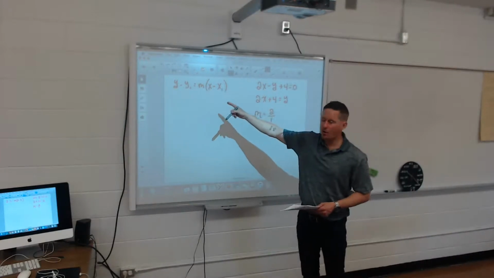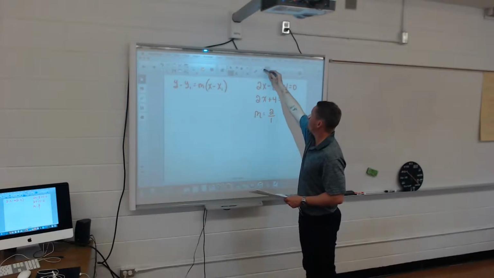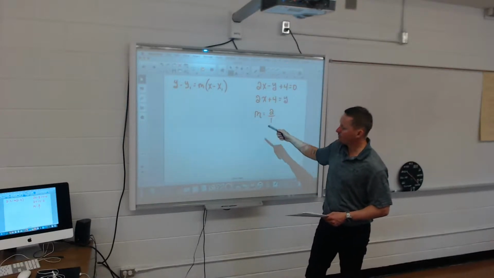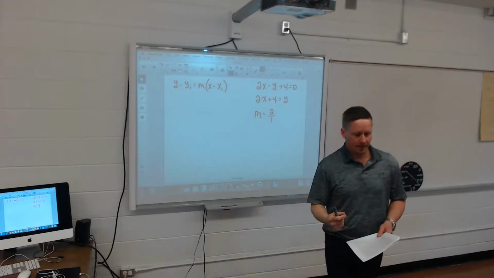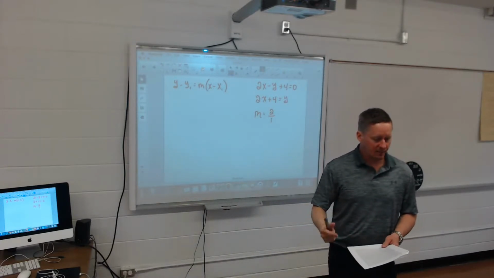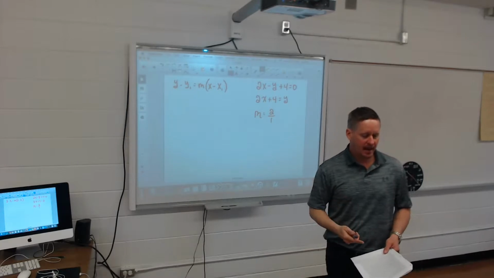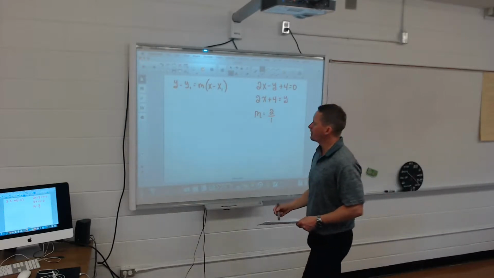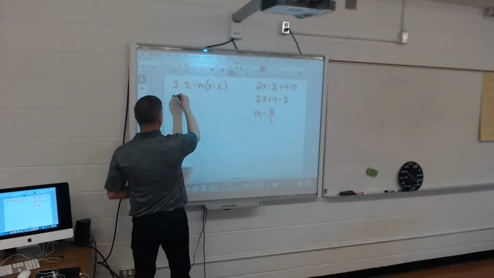But for my new equation, I need to use the perpendicular slope. So how do I tell a slope that's perpendicular to 2 over 1? I flip it or reciprocate it, and I add the negative to it. It's the negative reciprocal of it if it's perpendicular. So now I rewrite this.